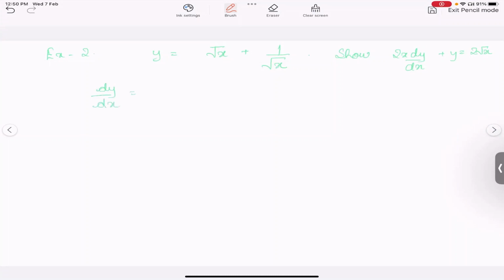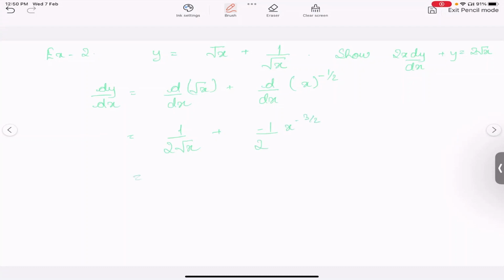So we will have dy dx of square root of x plus dy dx of 1 by root x, which can be written as x to the power minus 1 by 2. This will be equal to 1 by 2 square root of x plus minus 1 by 2 x to the power minus 3 by 2.